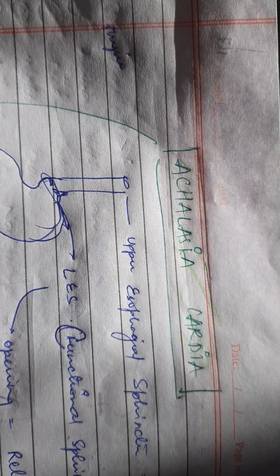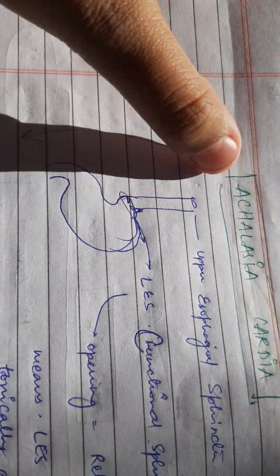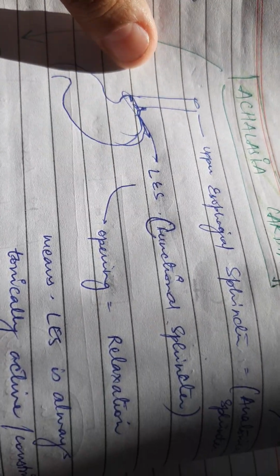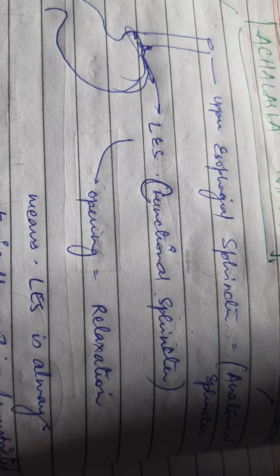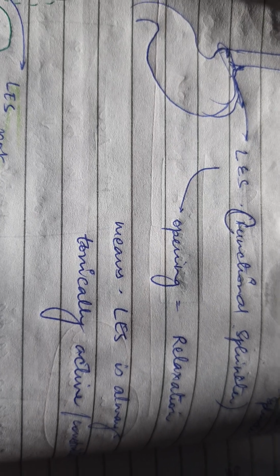Then achalasia cardia. This is the lower esophageal sphincter and this is the upper esophageal sphincter. The lower esophageal sphincter is normally tonically active, meaning constricted, but when food is passing through it, it relaxes and does its work.